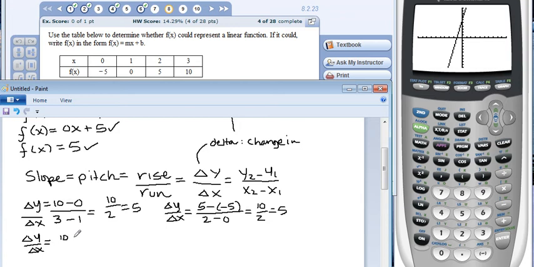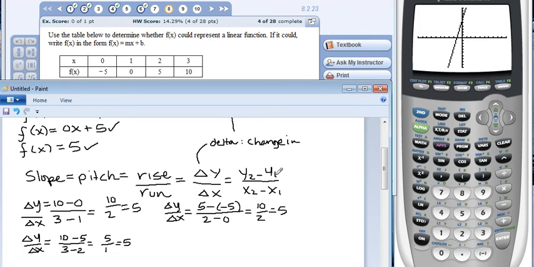We have 10 minus 5 over 3 minus 2. 10 minus 5 is 5. 3 minus 2 is 1. 5 divided by 1 is 5. So yeah, it's linear. It's got the same slope no matter what two pairs of points I pick.